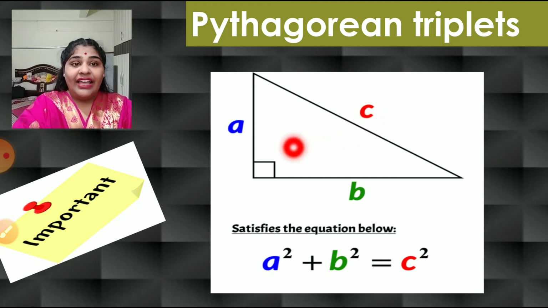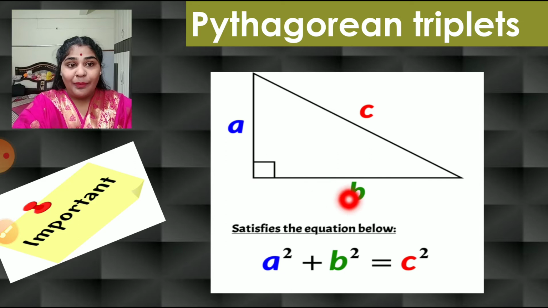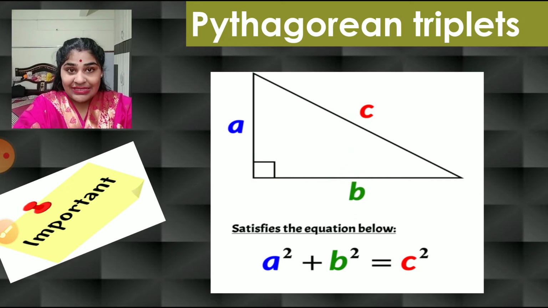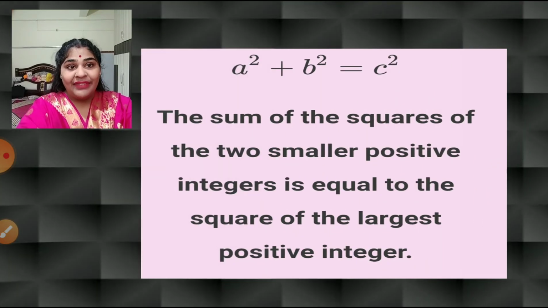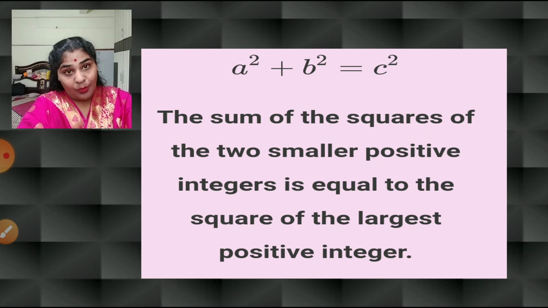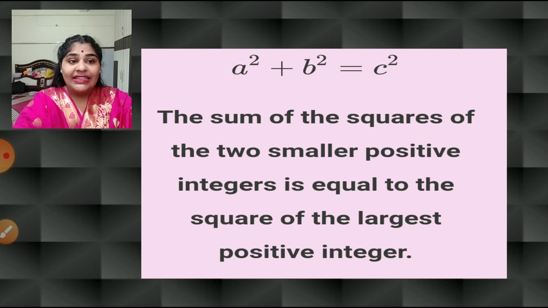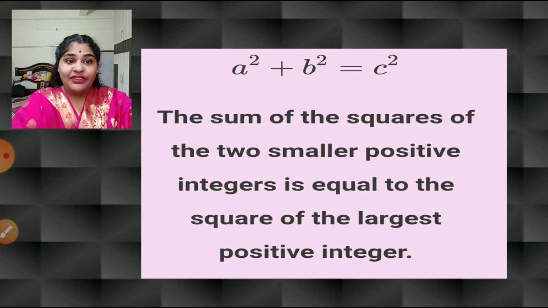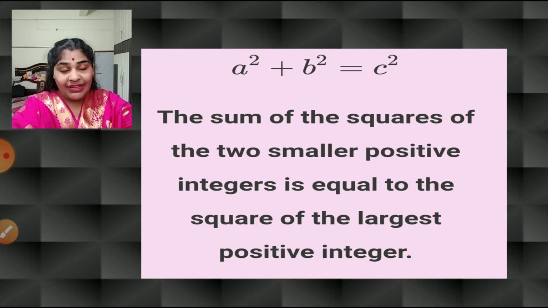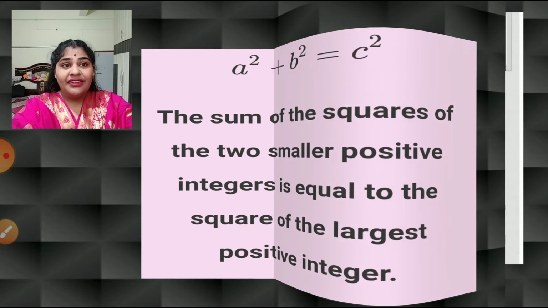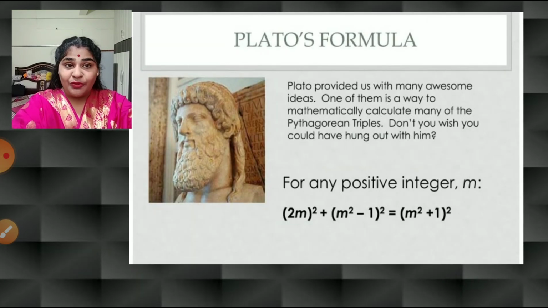And we know that A square plus B square is equal to C square. That is, the sum of the squares of the two smaller positive integers is equal to the square of the largest positive integer.